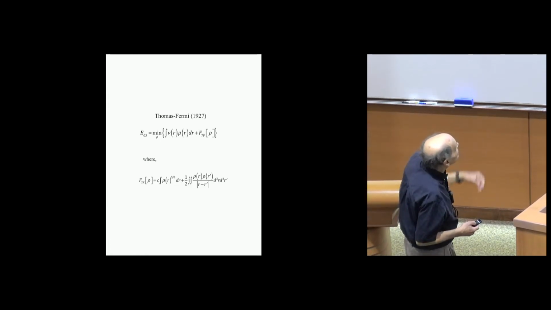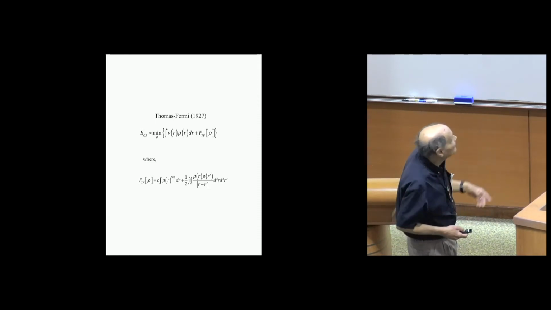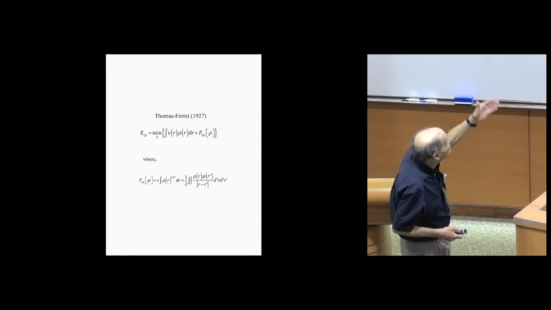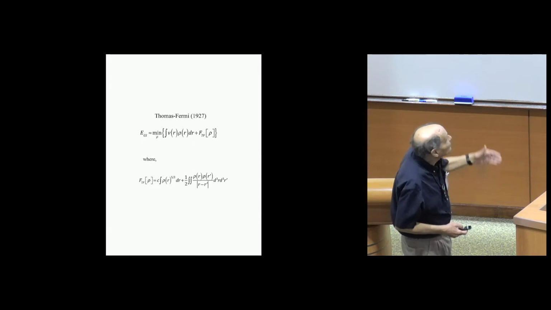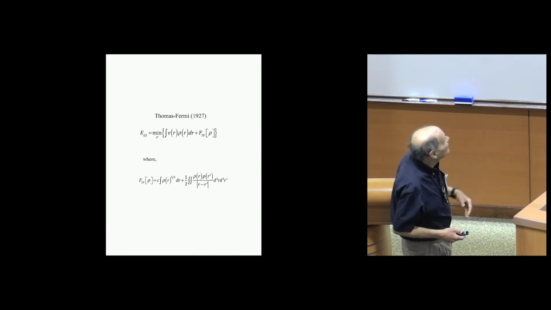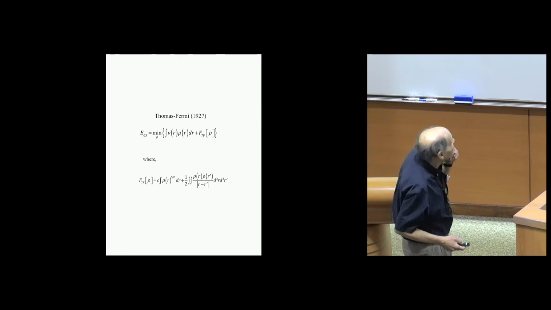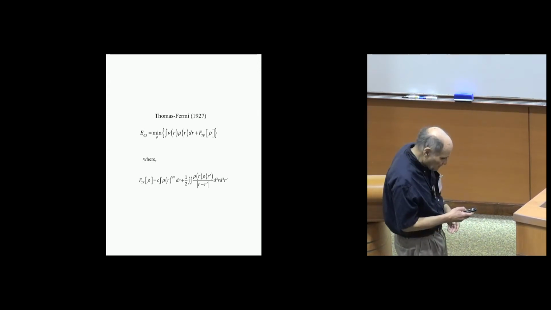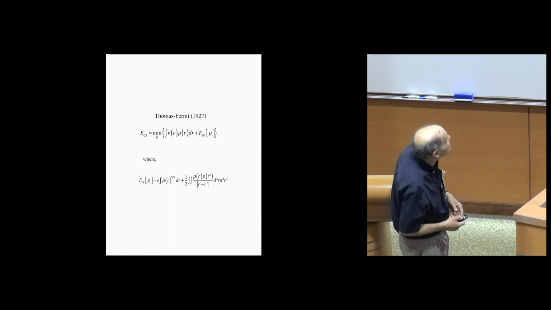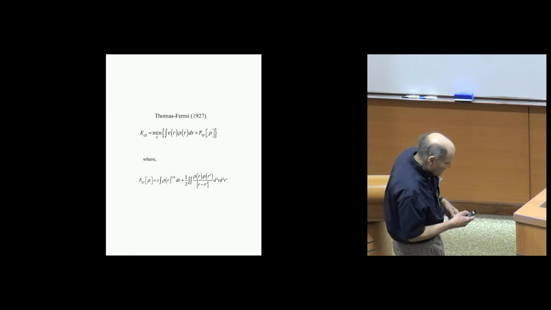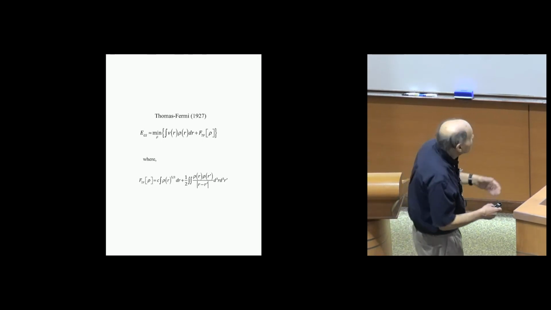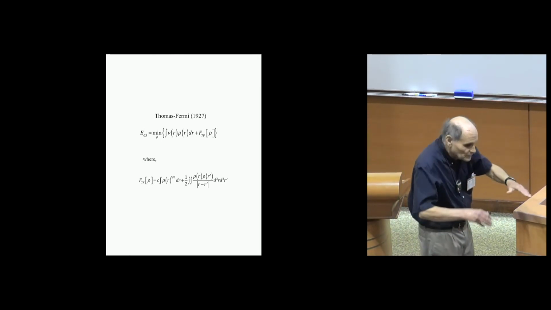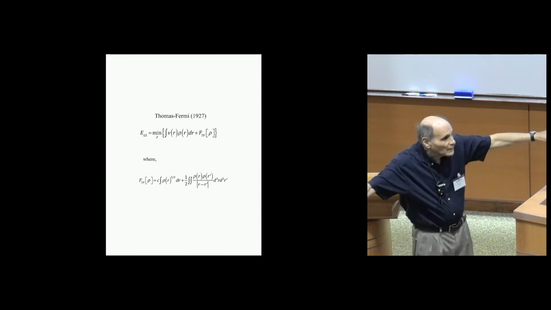Then, of course, we have the Thomas-Fermi theory that was talked about earlier in the tutorial lecture by Heinz Siedentop. That came first, right after the Schrodinger equation, and it has the correct kinetic energy for a uniform electron gas.